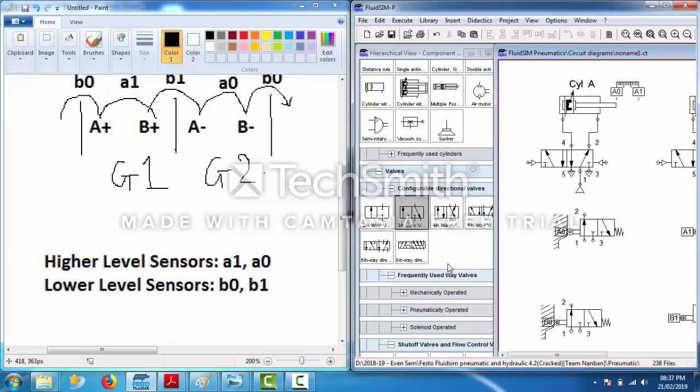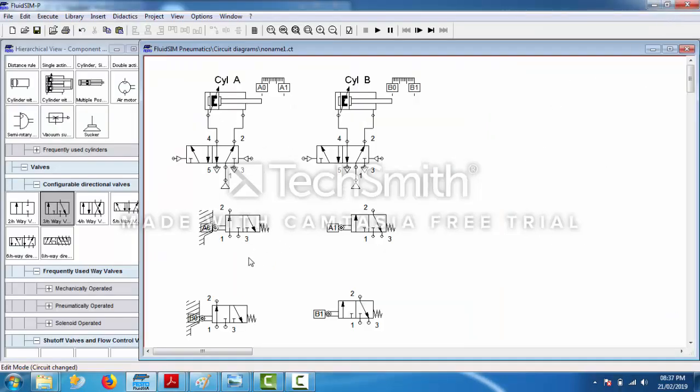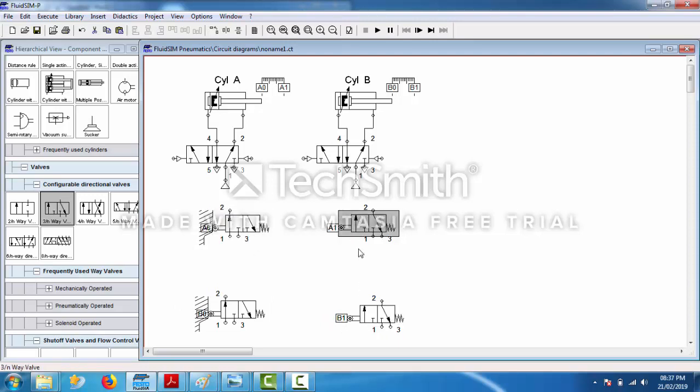Again, check which is the first lower level sensor, B0. So the first lower level sensor will be to your left side and the second lower level sensor will be to your right side. Then put the higher level sensors in any way you want. You will come to that afterwards.